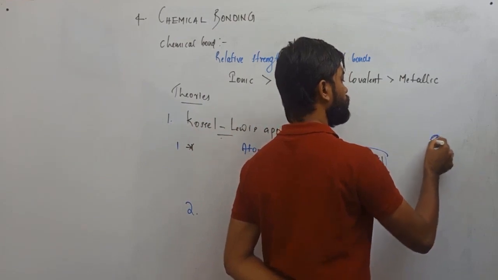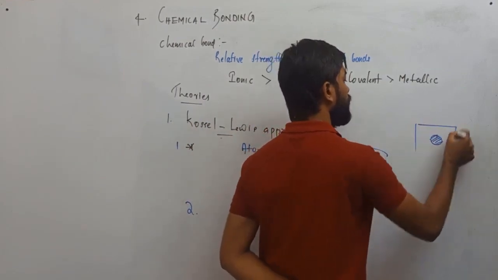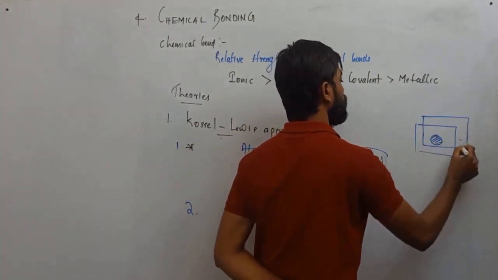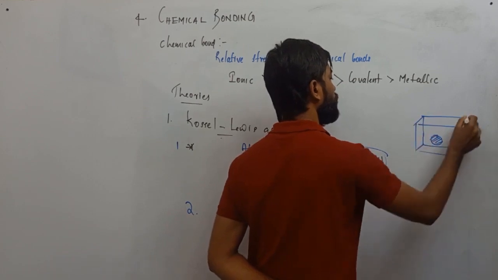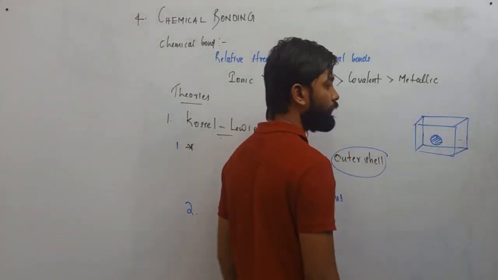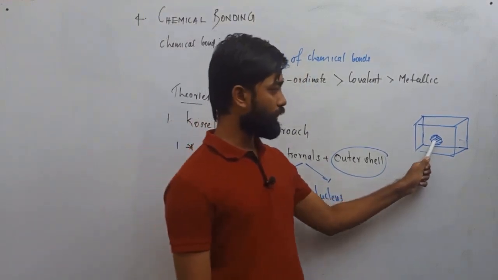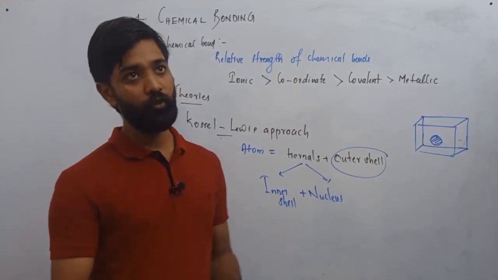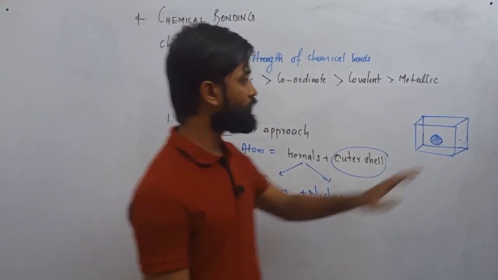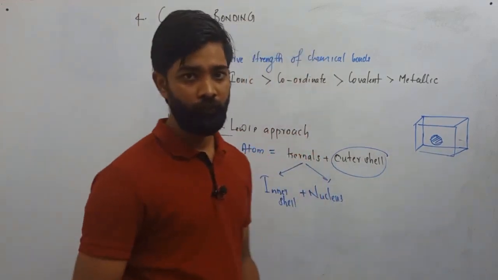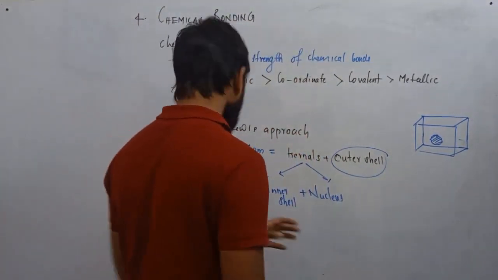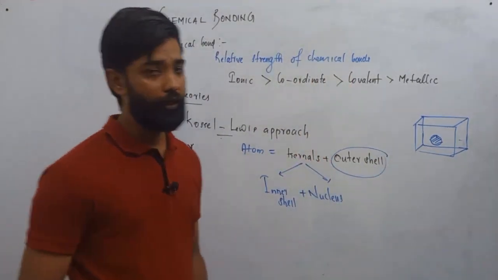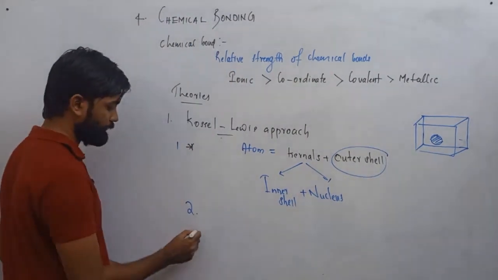So your kernel is here, and around this kernel they imagined a cube with 8 corners, which is referred to as the outer shell. Inside the cube, there will be the presence of the kernel. So moving to the third point.